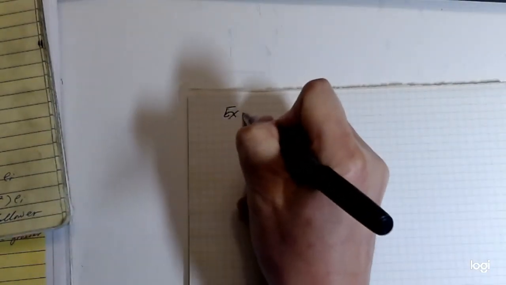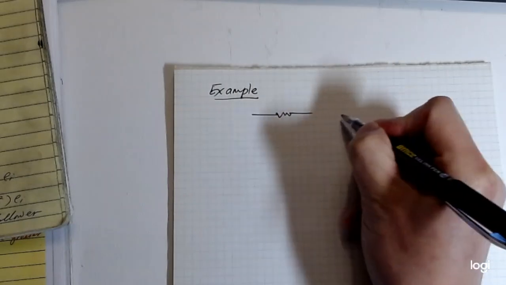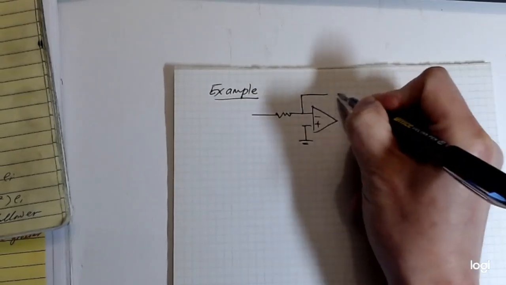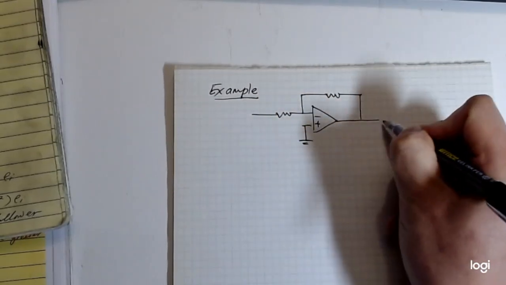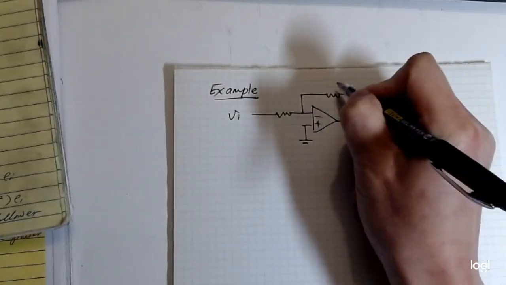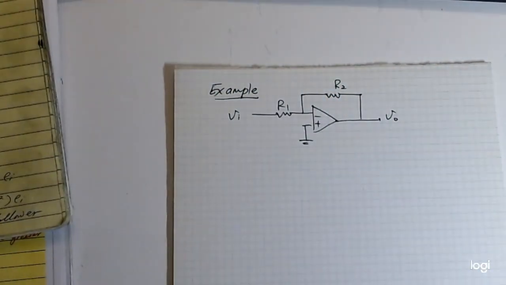Okay, let's look at some examples of operational amplifier circuits. Example. So let's have the simple one, the one we had in the first op-amp filter lab.